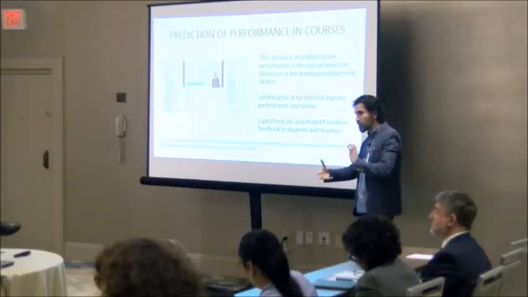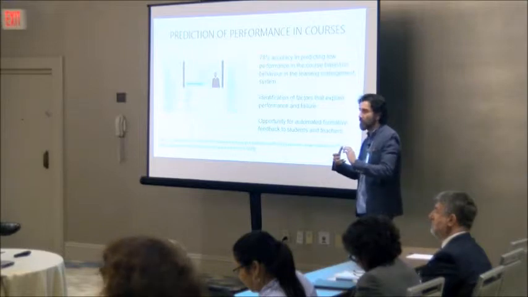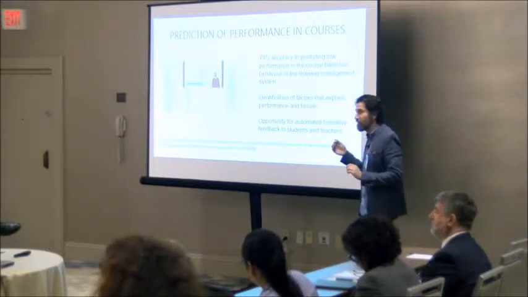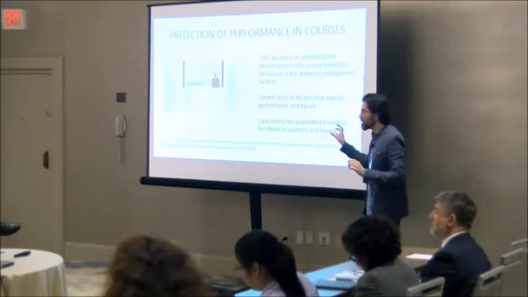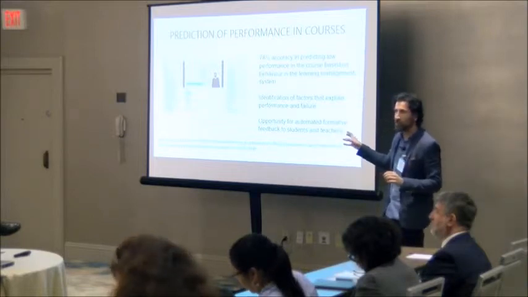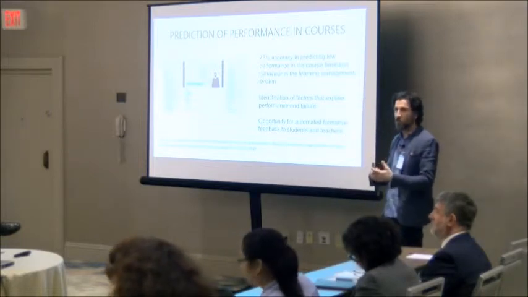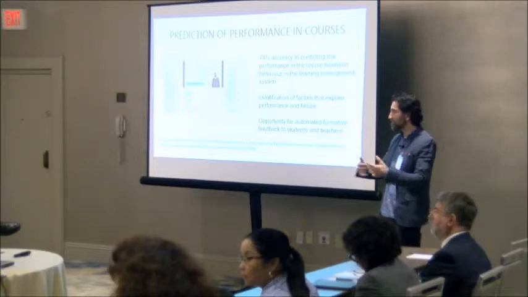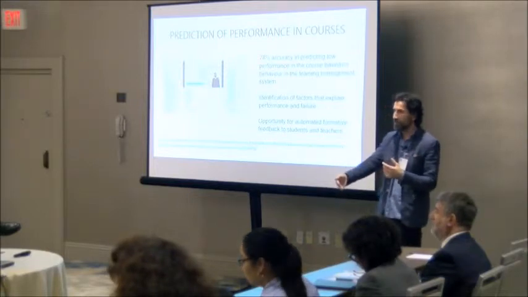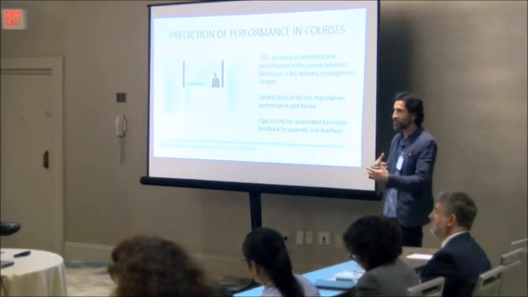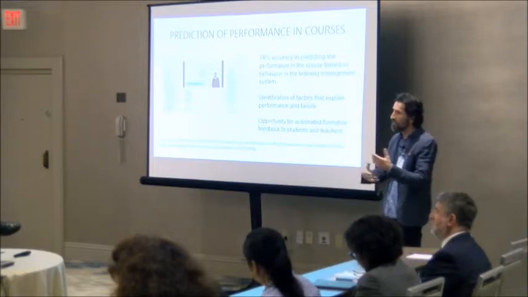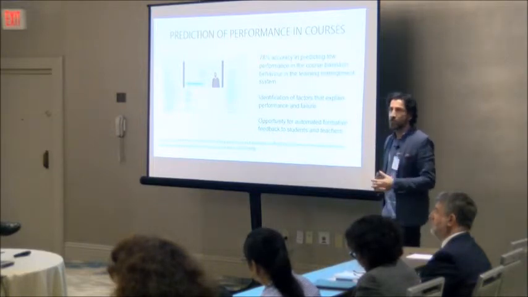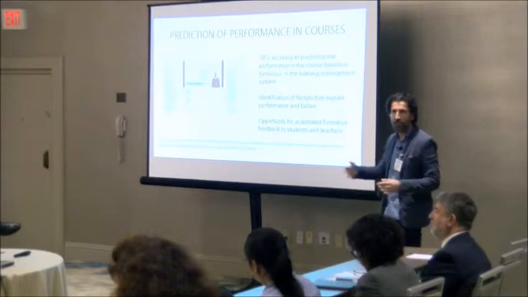So we learned, for instance, that we could see procrastination behavior among the low achievers, which is quite problematic, especially in a flipped classroom environment where they're supposed to look at the video lectures beforehand, before they come to the campus. If they procrastinate and do not look at the video in time, then there will be a lot of negative consequences.